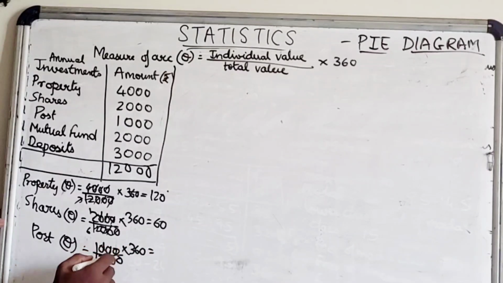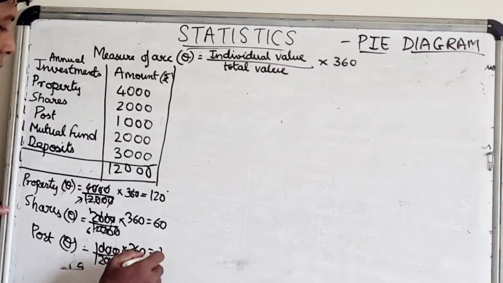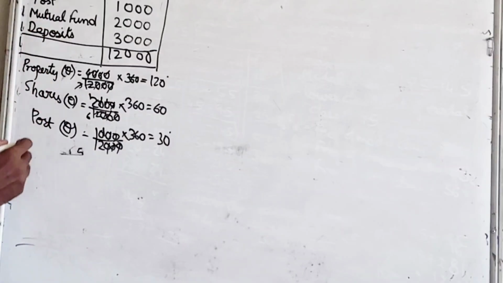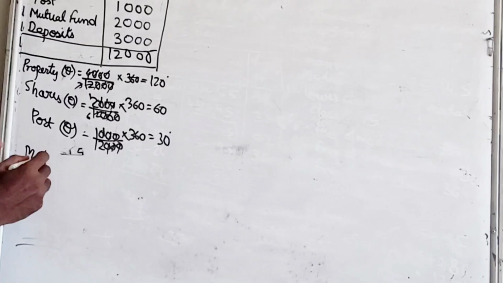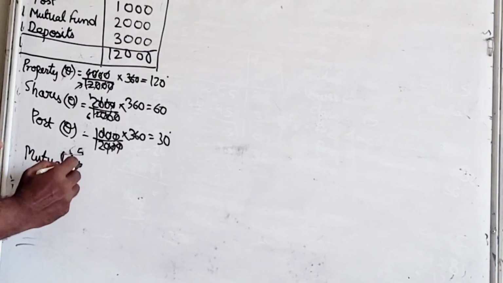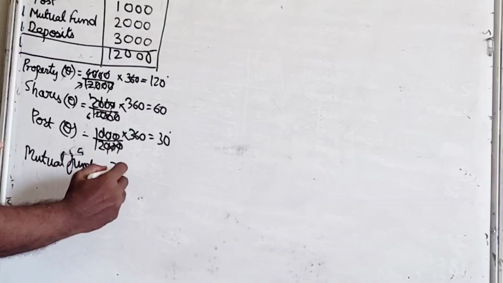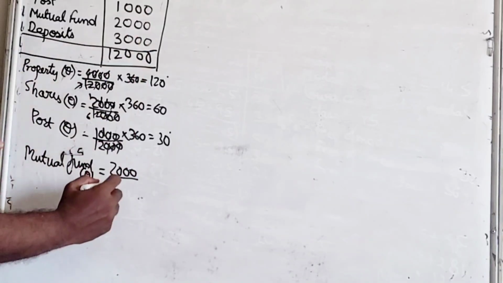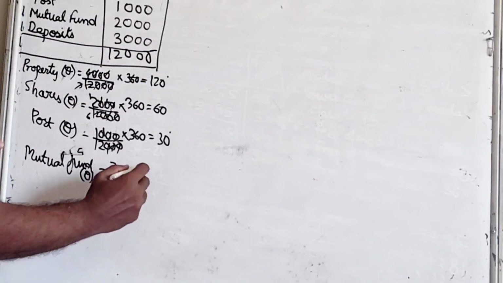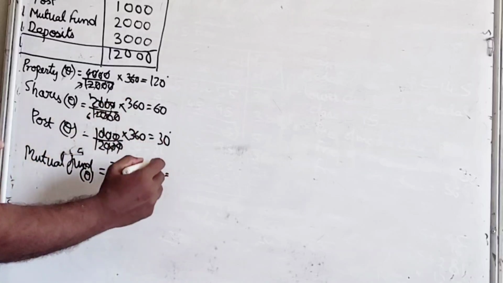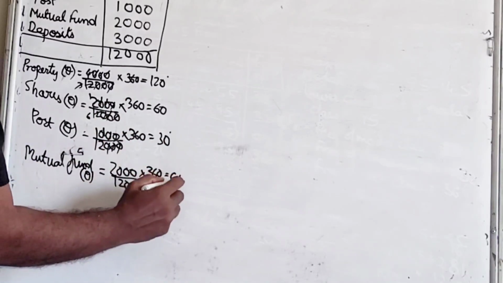Again three zeros cancel, 12, 30s are 30. Mutual fund value is 2,000 upon total 12,000 into 360. That will again come to 60 degrees.